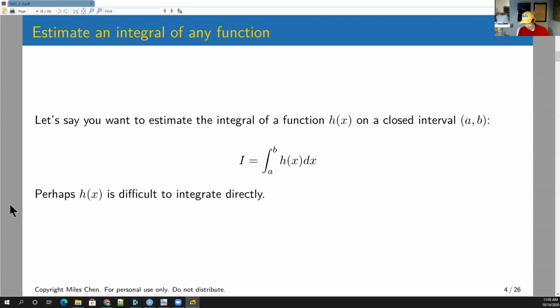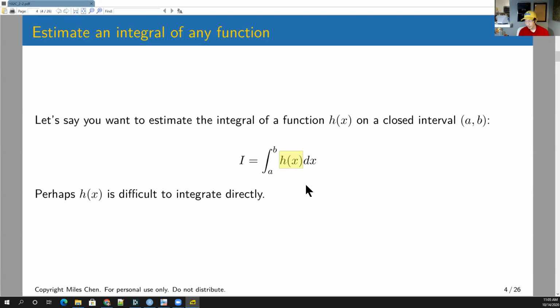This is maybe the origin of this thing: if you want to estimate the integral of some function h, but you don't know how to integrate this directly, what can we do? There are a lot of integrals that we can't integrate directly.